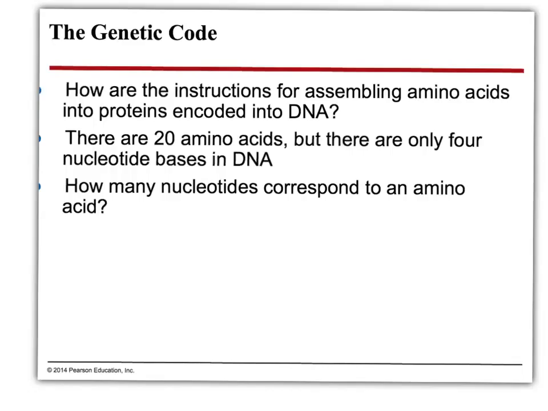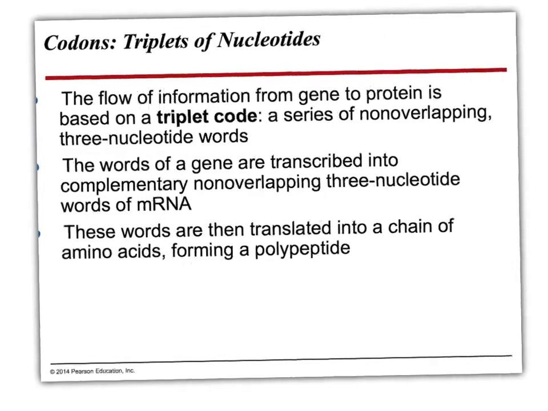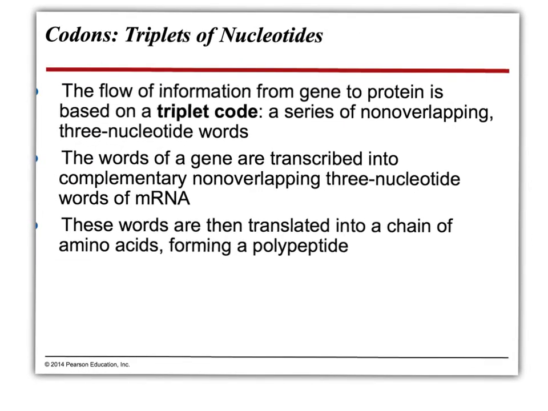So how many nucleotides correspond to an amino acid? 3. So there's your triplet code. The words of the gene are transcribed into complementary, non-overlapping 3 nucleotide chunks of RNA, words of RNA. So ATG, that's 1. GTC, that's another. CAA, that's another.